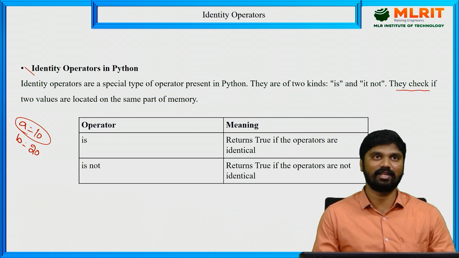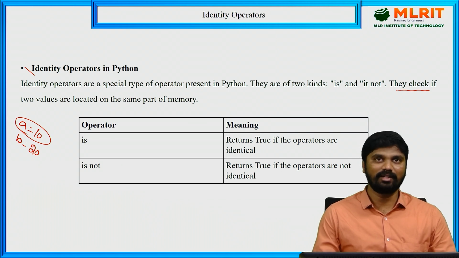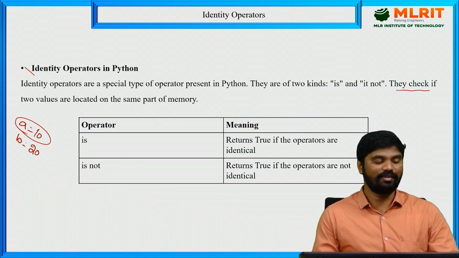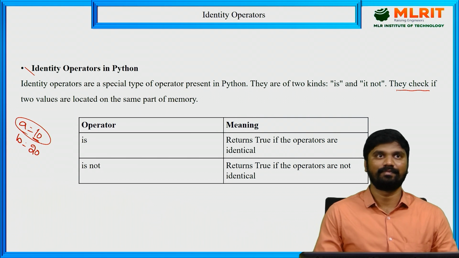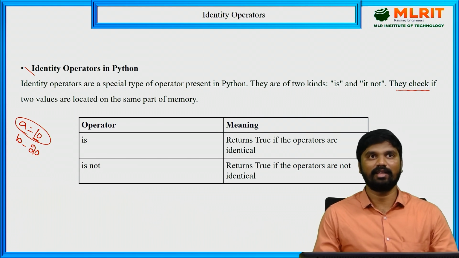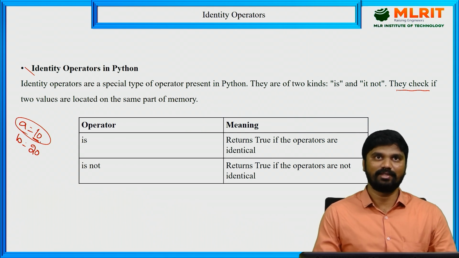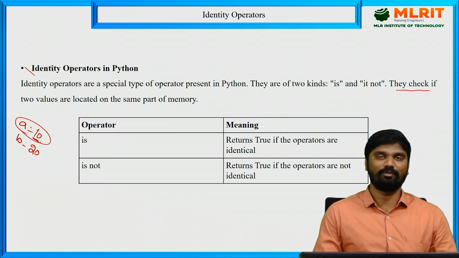First, it checks the memory to see whether an object with the same value exists. That means whether any object with the value 10 exists in the memory. If that value is not available in the memory, then a new object will be created.